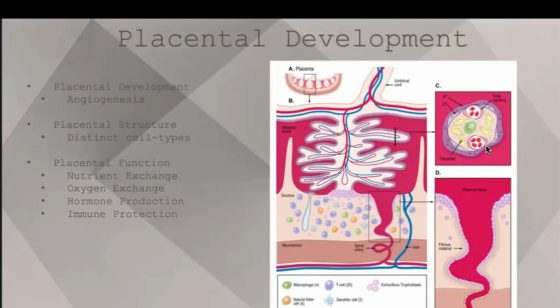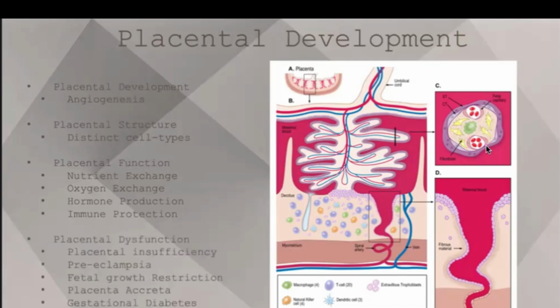It's also important for hormone production, such as HCG, which is what pregnancy tests measure. That's what the pregnancy test hormones measure, HCG levels, which come from the placenta. And immune protection. The placenta highly regulates what comes into the fetus. It doesn't let any and everything come into the fetus.